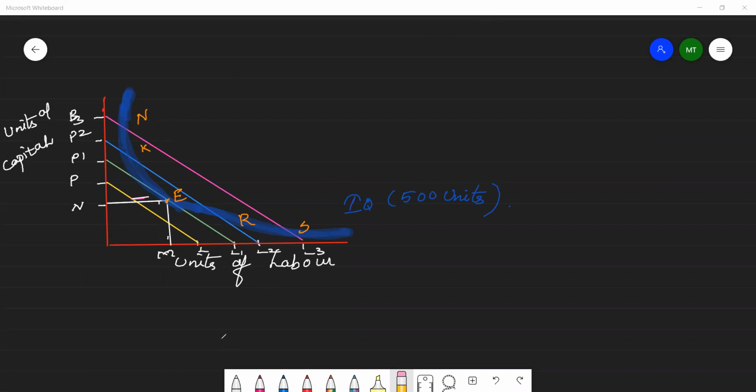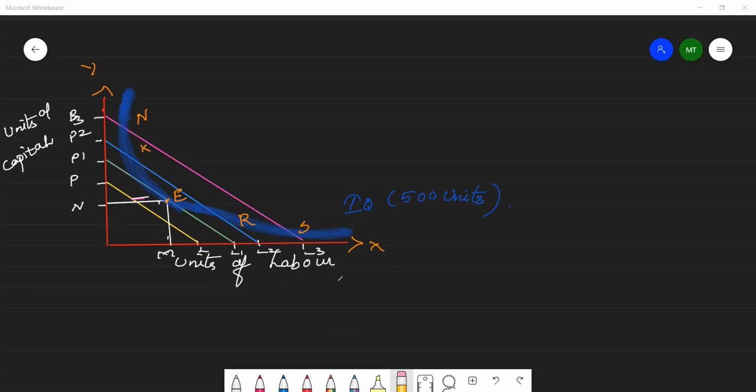So this is the Y-axis, next X-axis: units of labor and units of capital. That's all.